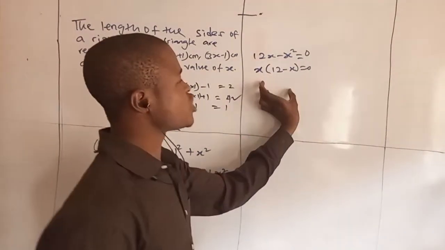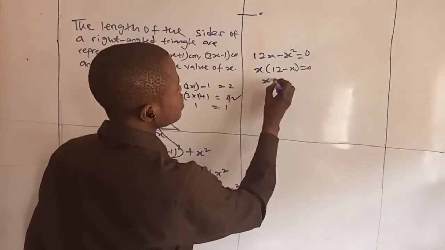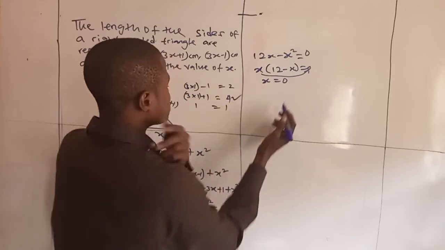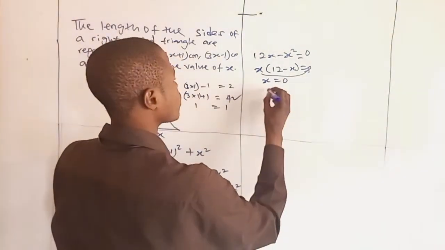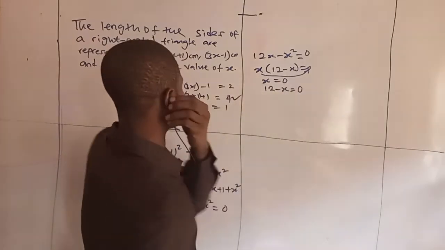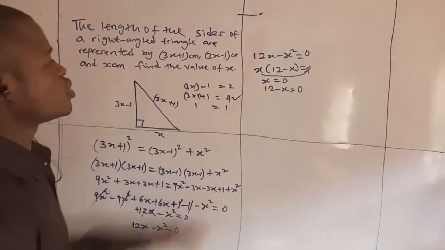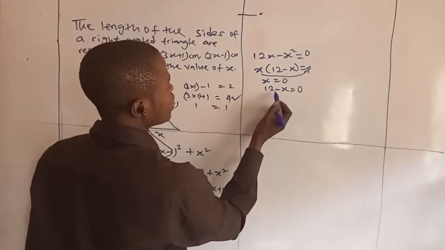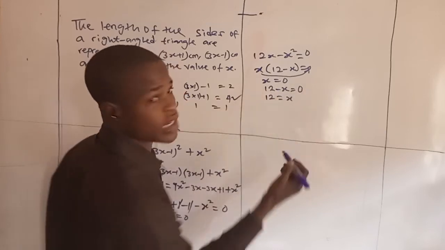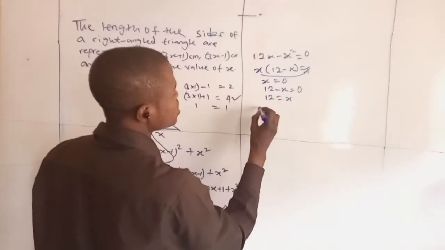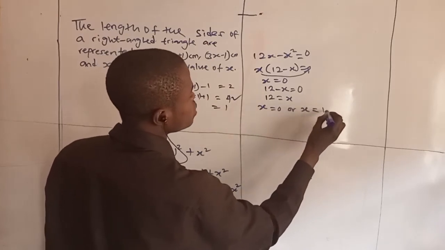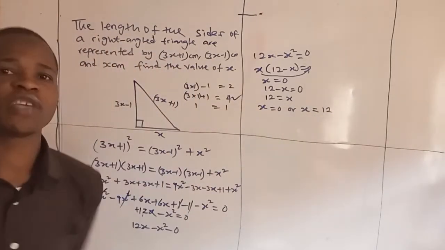This simply shows that x is 0, or whatever we have inside the bracket, 12 minus x, is equal to 0. If I take x to this side, 12 becomes minus, and when it comes to the right hand side I change it to positive. Then it shows that x is either equal to 0 or x is equal to 12. But don't forget, you have to bear this in mind.